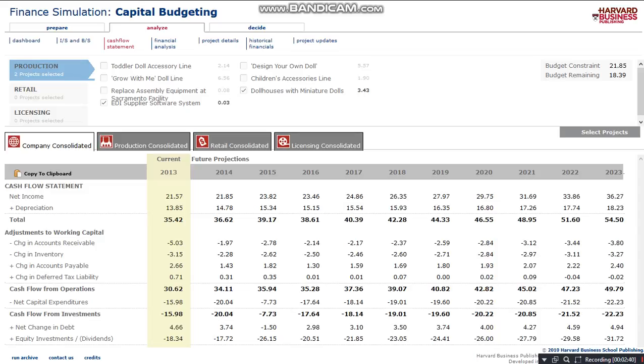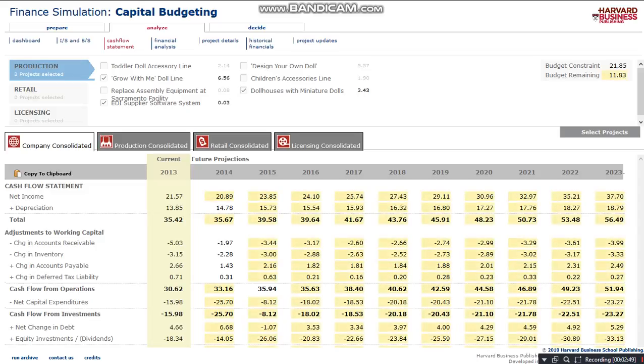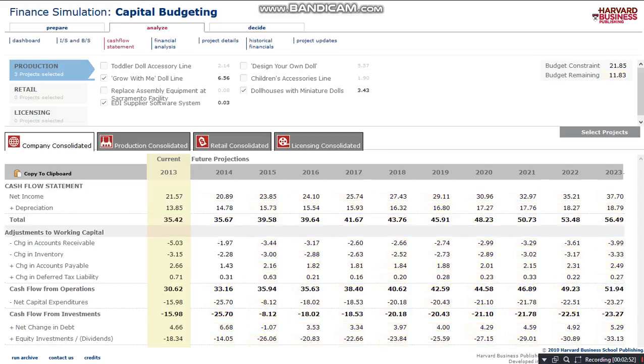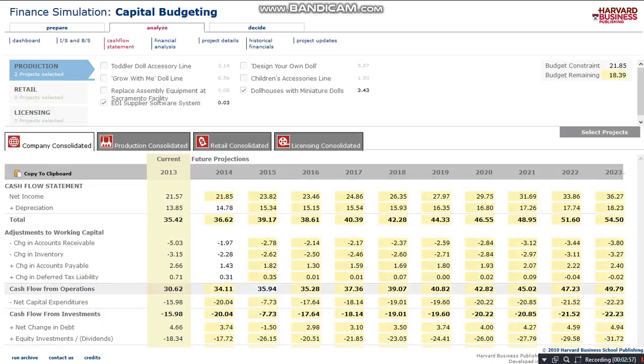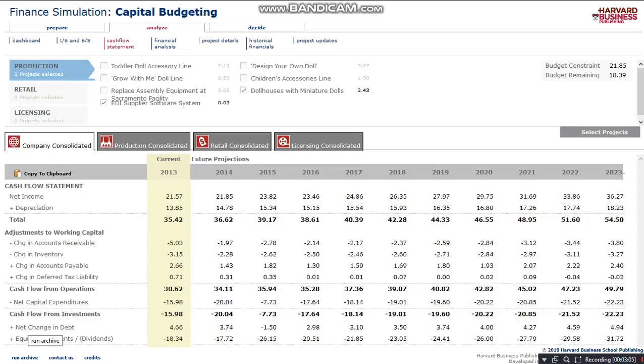So I think it is pretty useful to make use of. So let's go ahead and choose grow with me line, and as you can see, the numbers here are already changing, and if I unclick that, they will switch back. So that's just how I use the tools to make my analysis better.